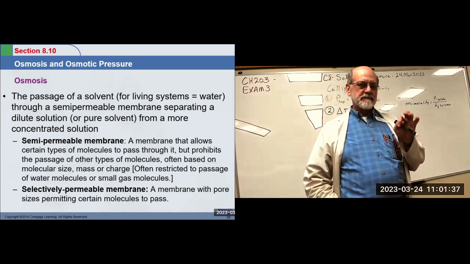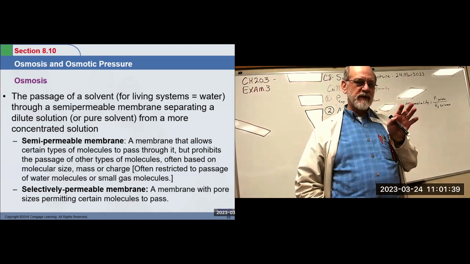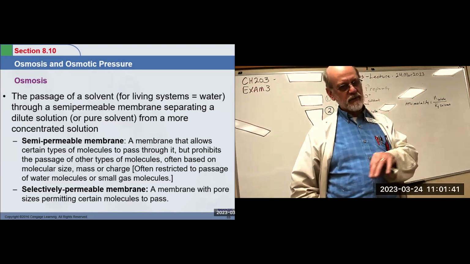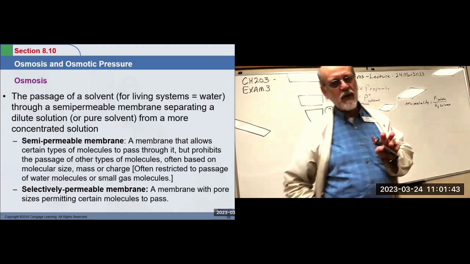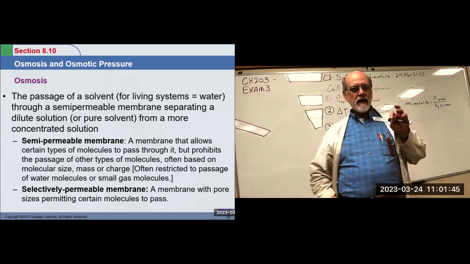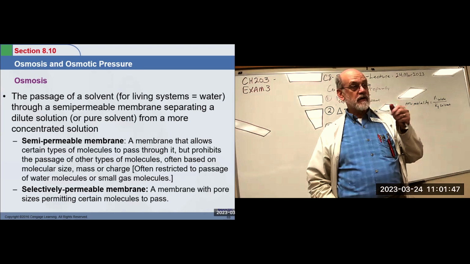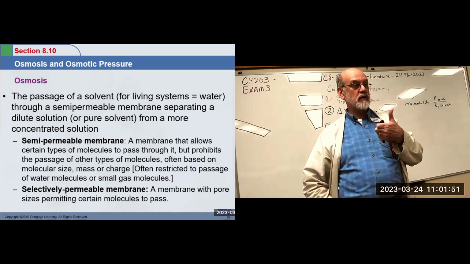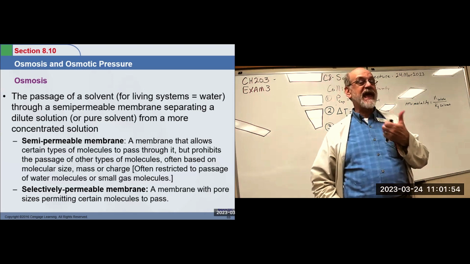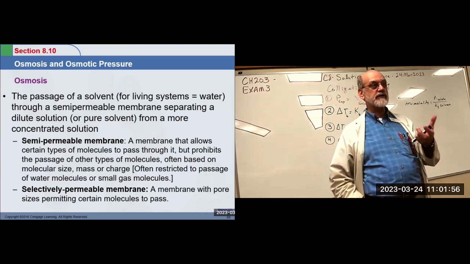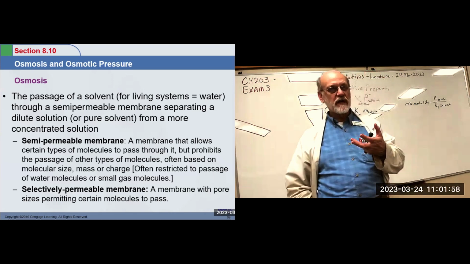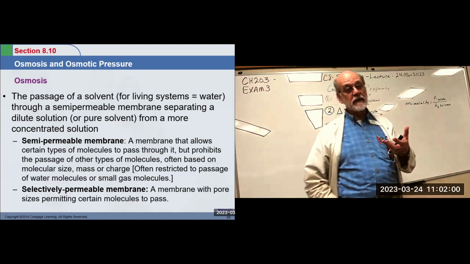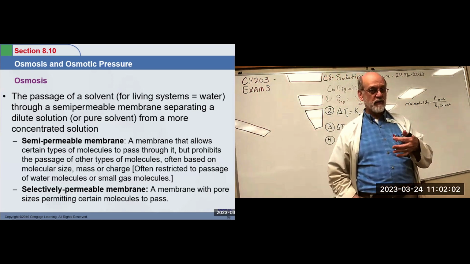Okay, there's a difference between semi-permeable membrane and selectively permeable membrane. A semi-permeable membrane only allows the passage of water and molecules that are smaller than water, especially gas molecules like oxygen, nitrogen, helium, whatever the case may be, will pass through a semi-permeable membrane.